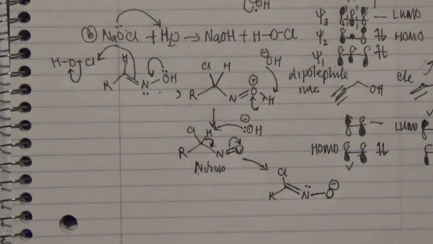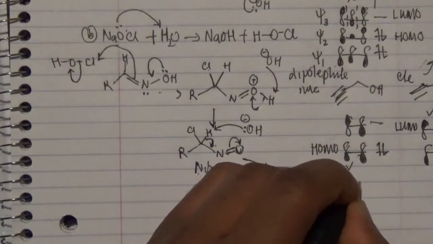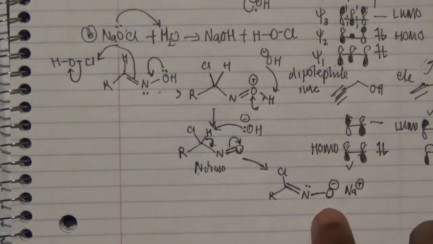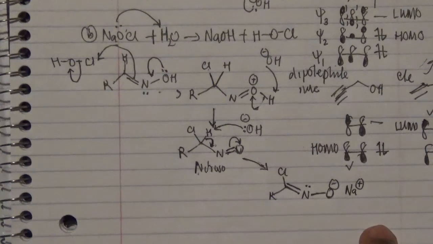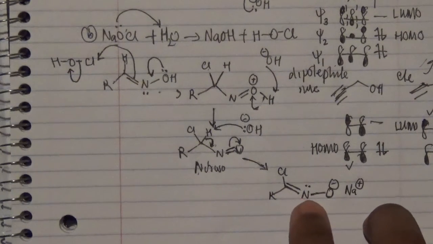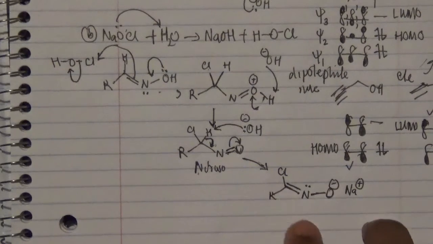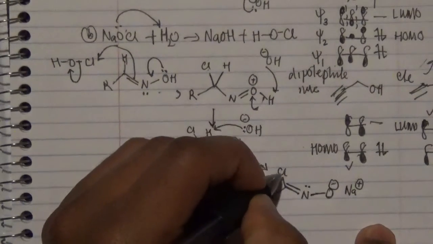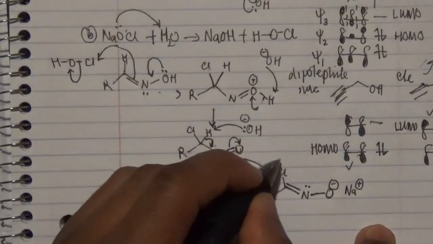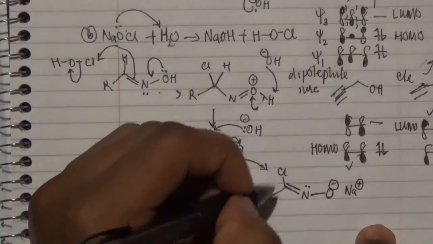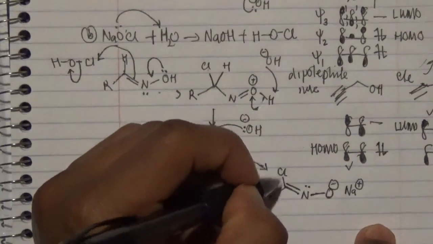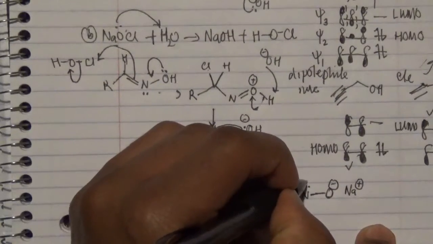We have a lone pair on the nitrogen, and then we have our sodium stabilizing the negative charge on the oxygen. So what we have next is that since nitrogen donates its lone pair to the system, it then cleaves off this chlorine, because now we are generating a good leaving group, and this good leaving group will leave this particular species because of this lone pair on the nitrogen.